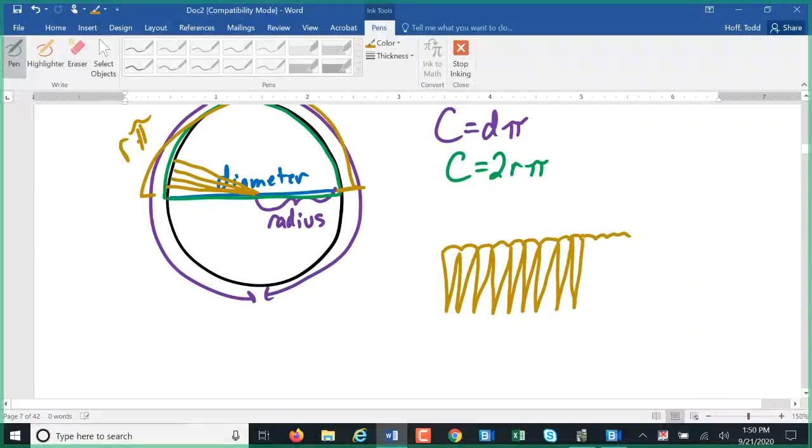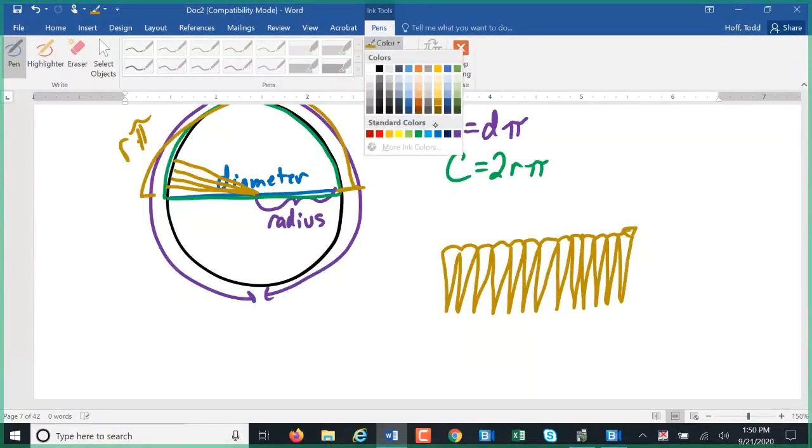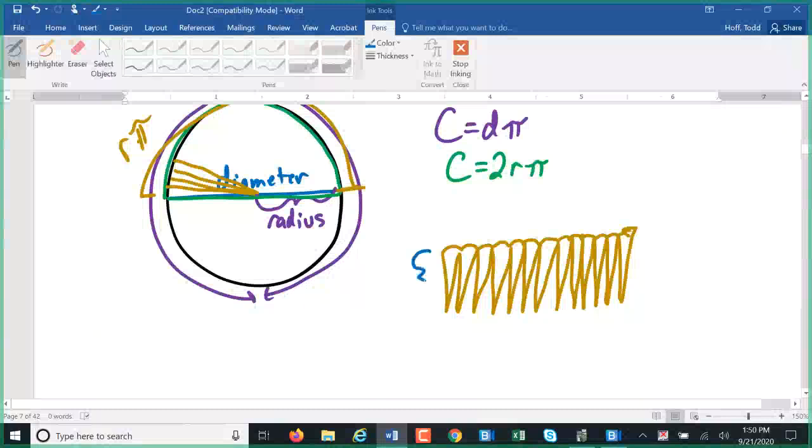What it ends up looking like. Remember, this is just the radius of the circle. That's this dimension right here. This, if I cut those slices thin enough, is just the radius times pi.